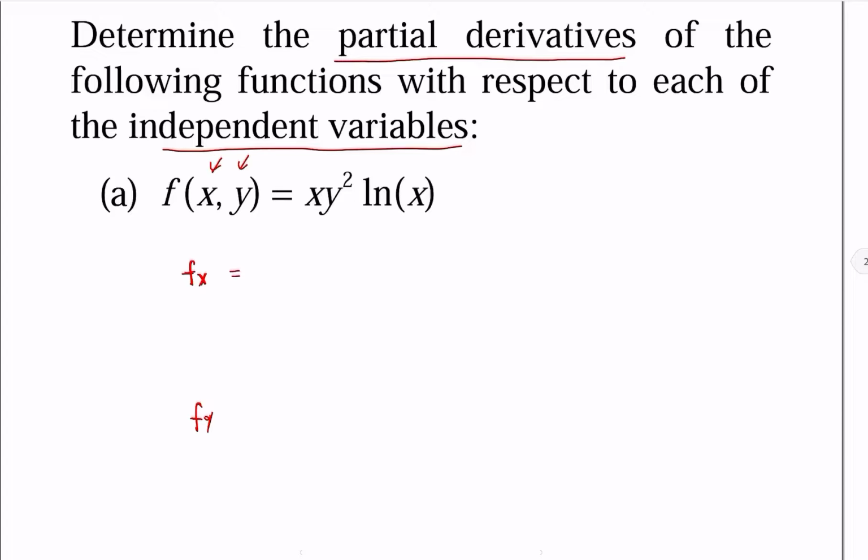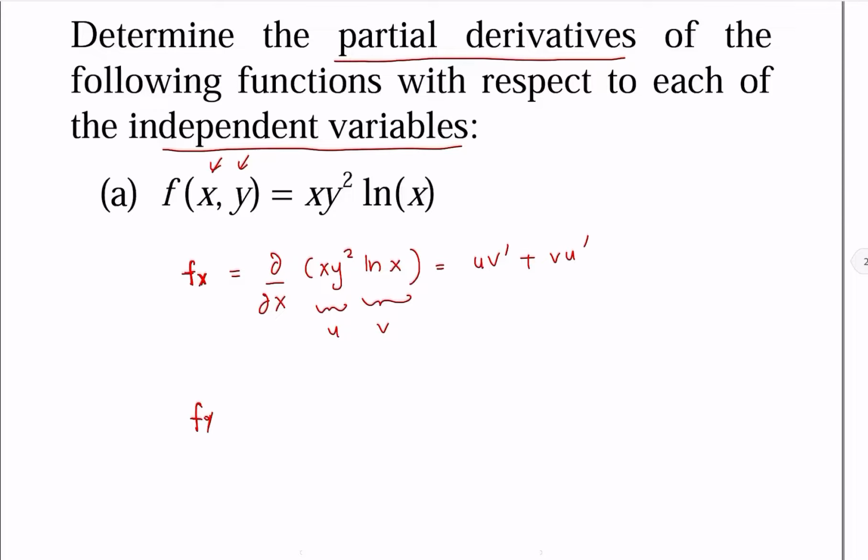If we find f x, it will be del x of x y squared ln x. In this case we have x and ln x, so this is the product rule. We have u and v. Let's consider this is u and this is v, so we will have u v prime plus v u prime.